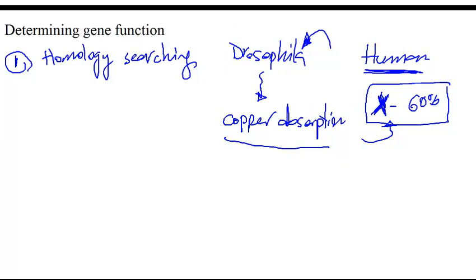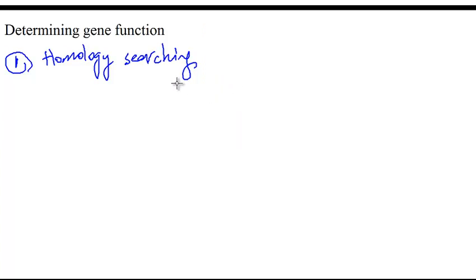So the first technique is homology searching, and for that, we already need to know the function of one gene in one of the species whose sequence is known. Okay? The second technique is called bioinformatics.